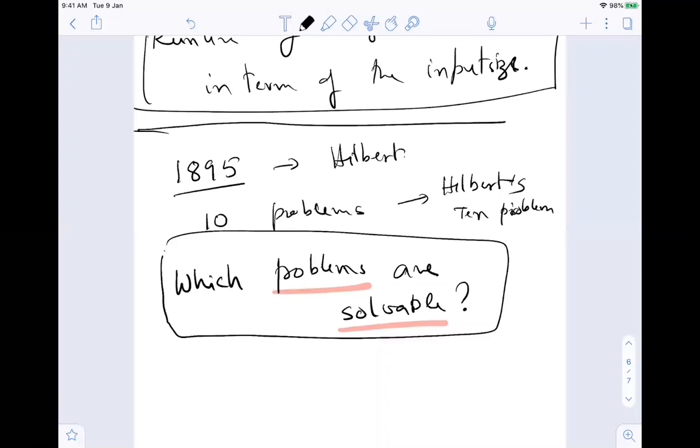What does unsolvable mean? Does it mean that I have not been able to solve it? Or are there problems that are just not solvable? It's not that it is hard. It is actually not solvable, and nobody can solve it. Even God cannot come and solve it. Are there problems like that?